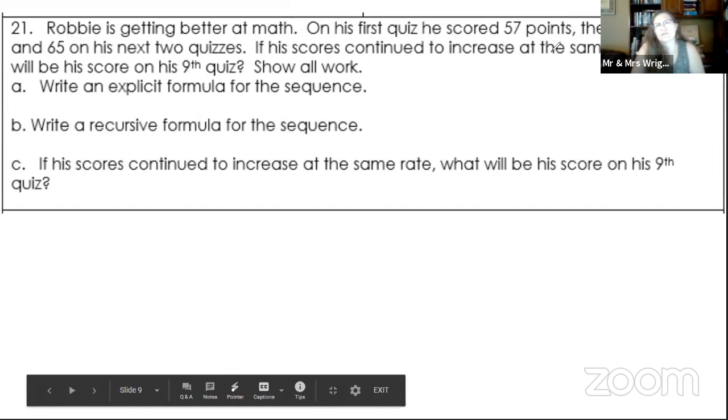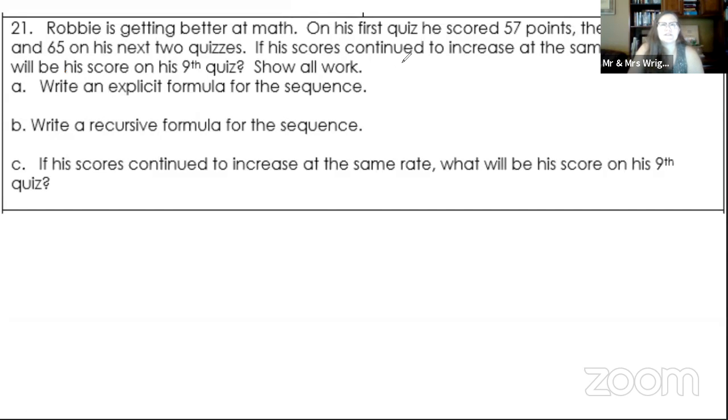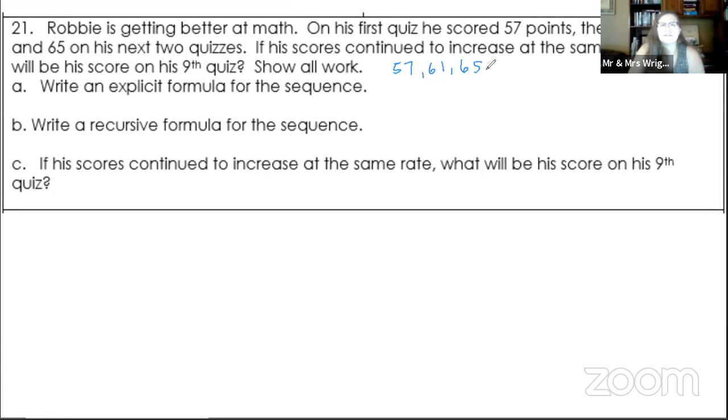On his first quiz, he scored 57 points. Then he scores 61. I'm going to write these down. 57, 61, 65 on his next 2 quizzes. It's not saying 65 on 2 quizzes, it says 61 and 65 on his next 2 quizzes.